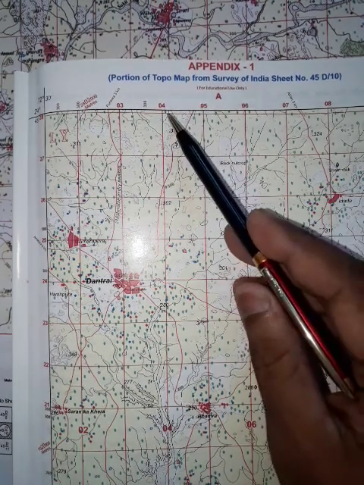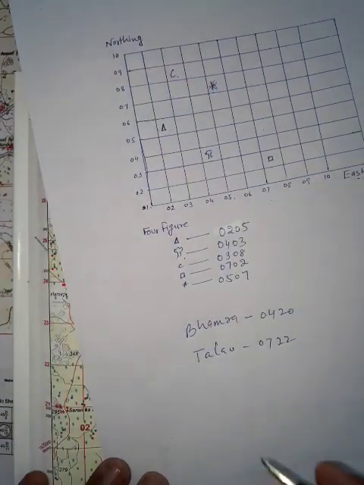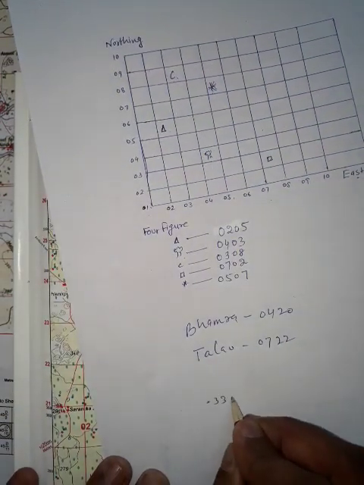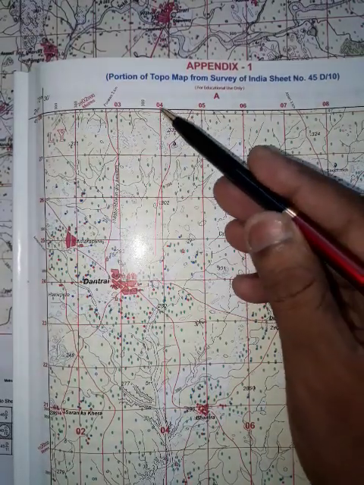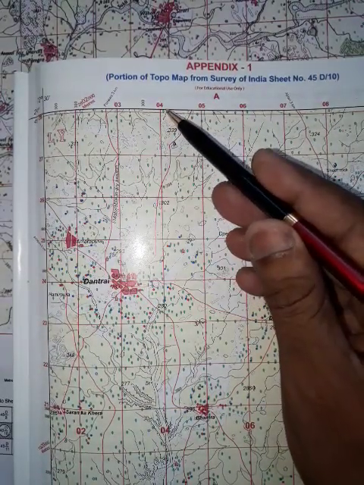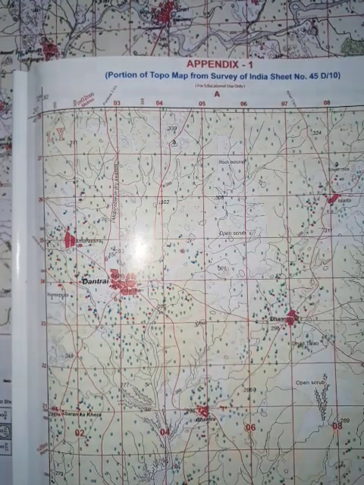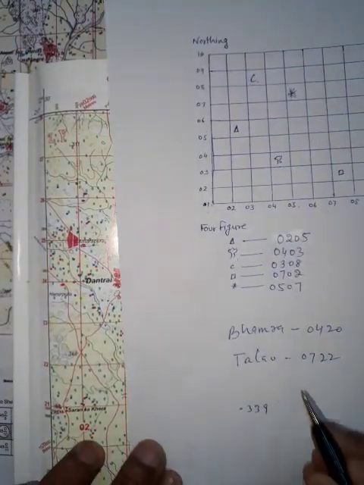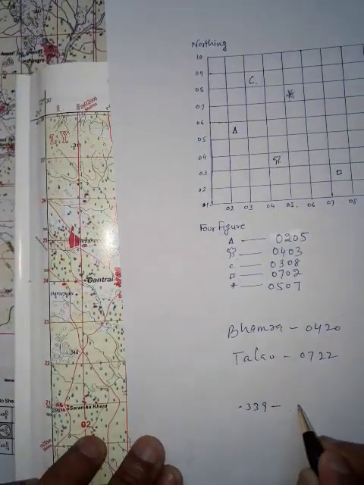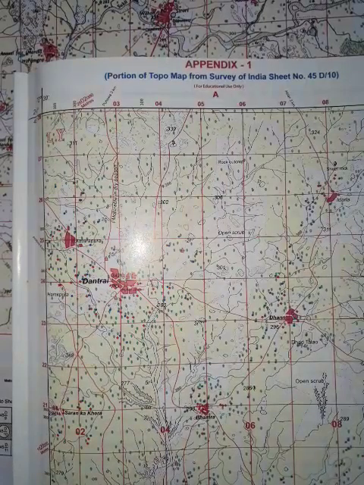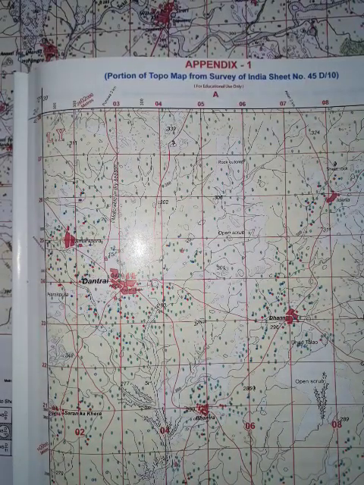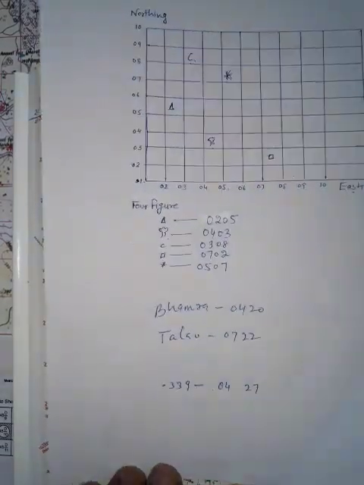First of all, the 4-figure grid reference of spot height 339: the line which is left and below is 04 and 27. Same thing, we will write down 04 and 27, but we will leave some space between these, like I have left.